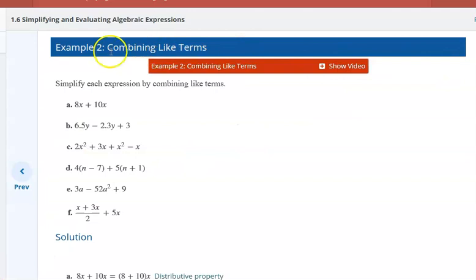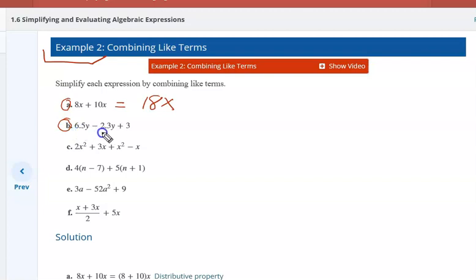Okay, you will write these examples down in your notes, and this is example 2. So it says simplify each of these. Well, again, for A, 8x plus 10x will give us 18x. For B, and you're going to write this down.